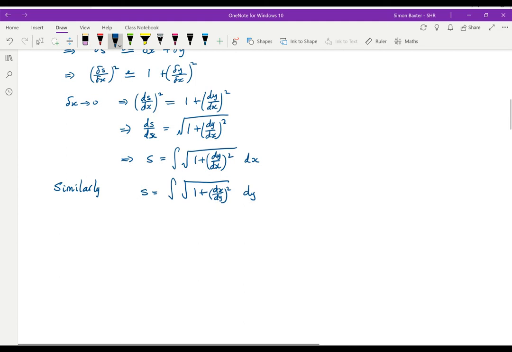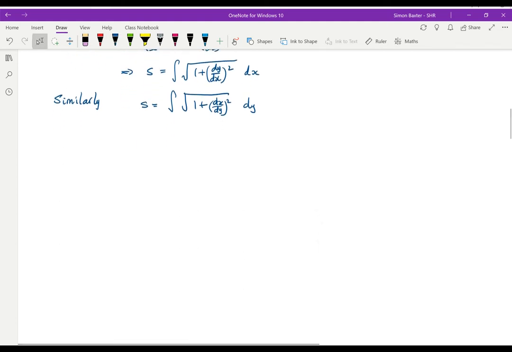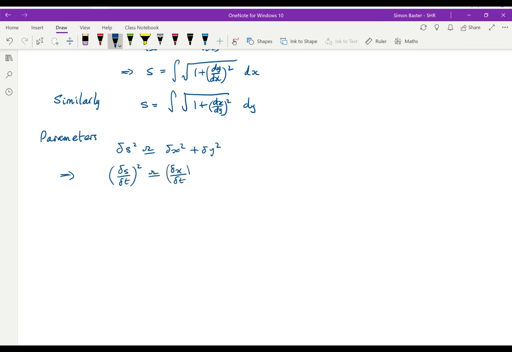When we have parameters, we need to think just slightly differently. We still start from delta s squared is approximately equal to delta x squared plus delta y squared. This time we divide through by the parameter delta t squared. (Delta s over delta t) squared is approximately equal to (delta x over delta t) squared plus (delta y over delta t) squared.